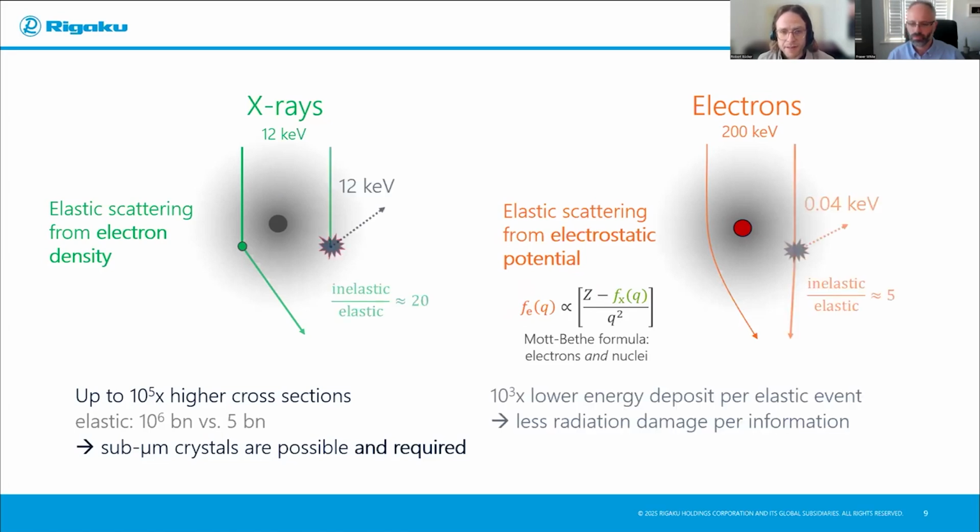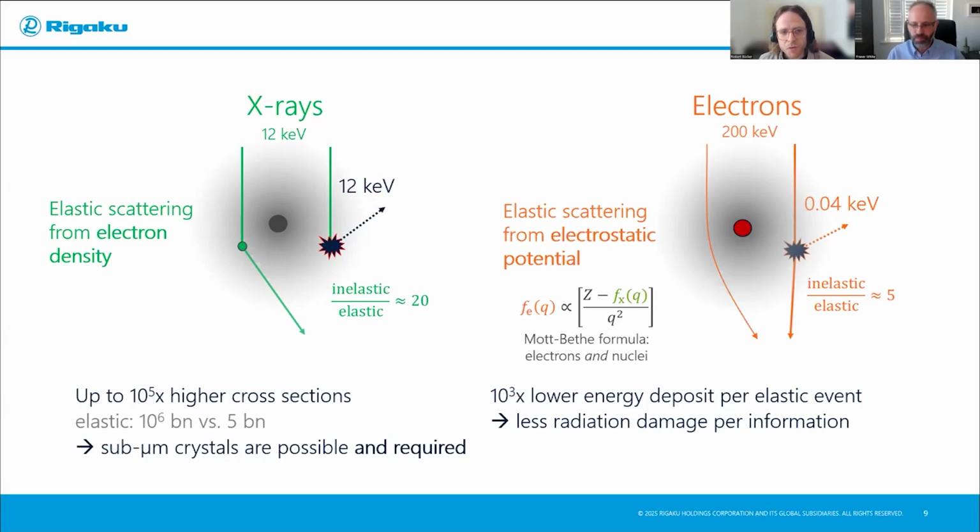Another more subtle but as important detail is that you don't only have elastic interactions between your beam and your sample, but also inelastic ones. And those are generally detrimental because they will damage your sample by depositing energy into it. And for X-rays, the ratio between inelastic and elastic collisions is quite unfavorable, and they deposit a lot of energy into your sample.